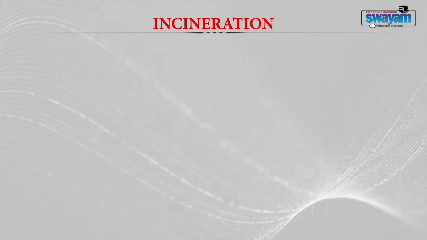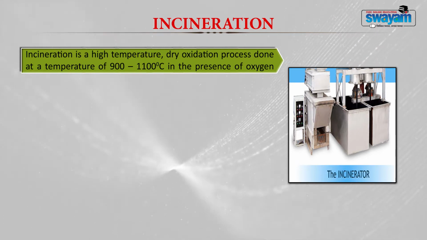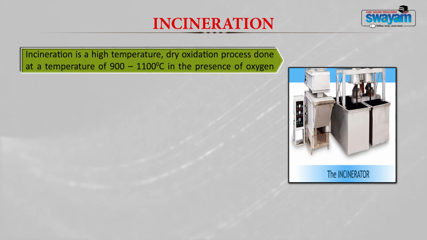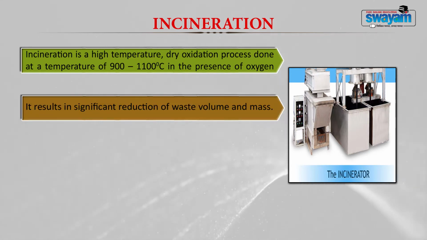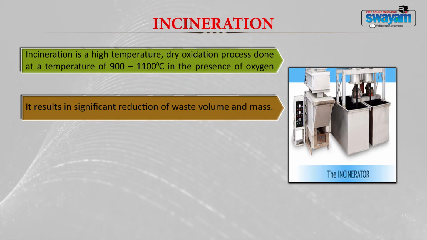Now, let us discuss each of the treatment options which are available for biomedical waste. First one is incineration. Incineration is a process where the waste is subjected to a dry oxidation process at a very high temperature in the presence of oxygen. The temperature ranges from 900 to 1100 degrees Celsius. During this process, the waste volume and weight are reduced. The waste volume is reduced by 90% and mass is reduced by 75%.